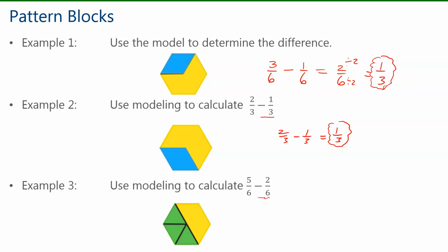And we're left with 3 triangles, meaning 3/6, which can reduce. GCF for 3 and 6 is 3, and we get a half. 3/6 is a half. And once again, it makes perfect sense with our pattern blocks because I can place a trapezoid right over those 3. And we know that a trapezoid is a half.